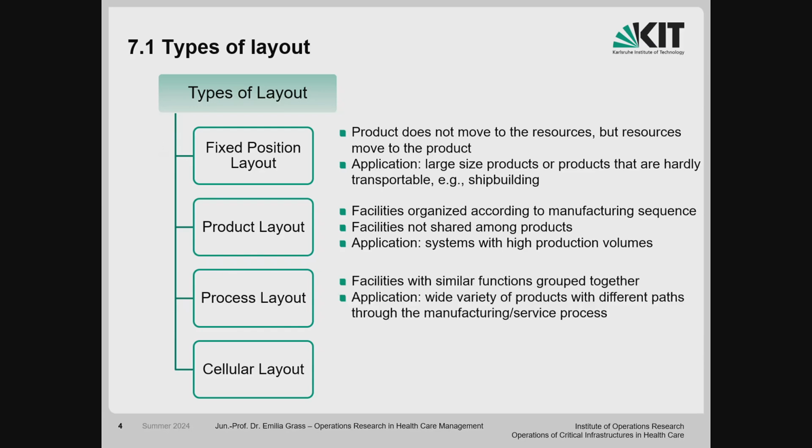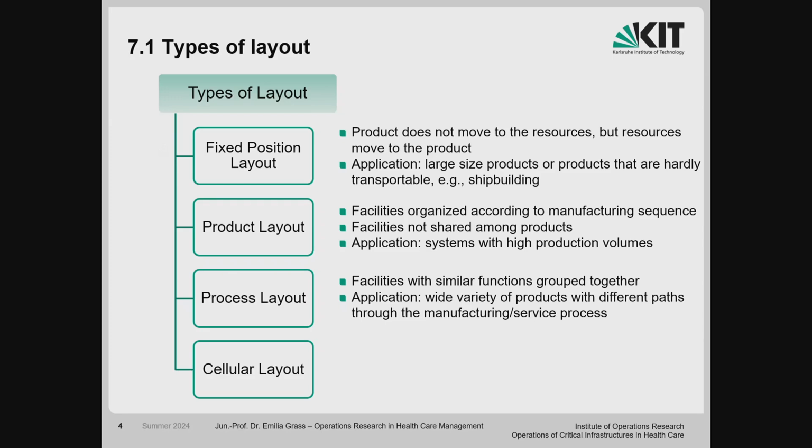Then we have the process layout, which is flexible to handle basically a wide variety of products with different manufacturing routes. This is often used in job shop manufacturing, but also service operations like in a hospital. So different departments are fixed, but the patient has different routes through these departments.